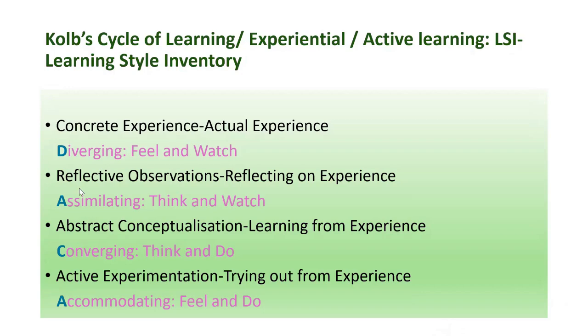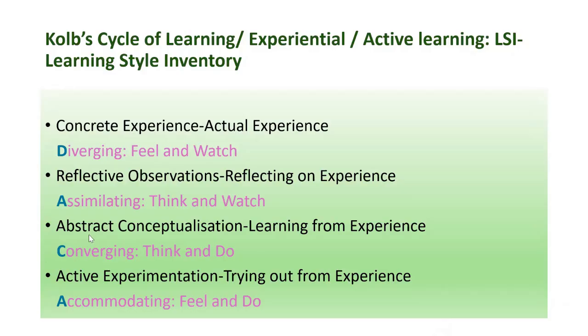Then come to reflective observations. What does it mean? For reflective observations, we go back there, analyze, visualize, we think in myriad ways, and then we learn certain things. Yeah, these are the places where I have gone right, and these are the places I have gone wrong. So I must improve in these areas. So reflective observations means reflecting on experience. That is the second stage.